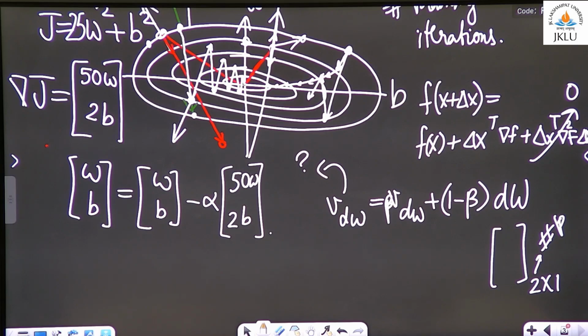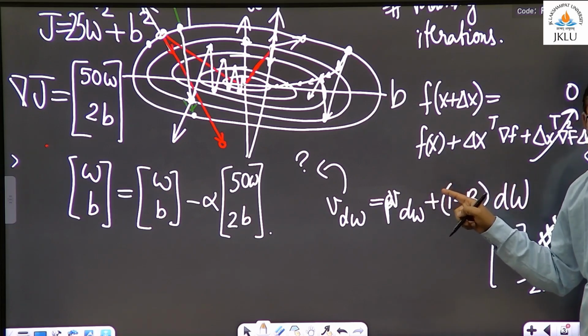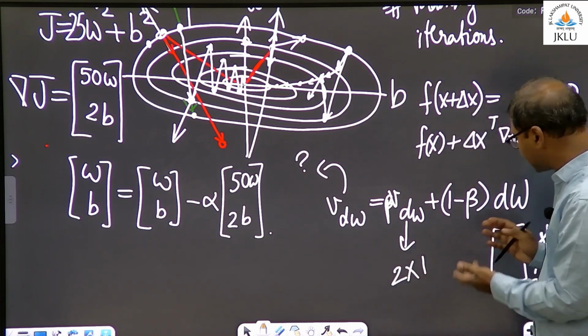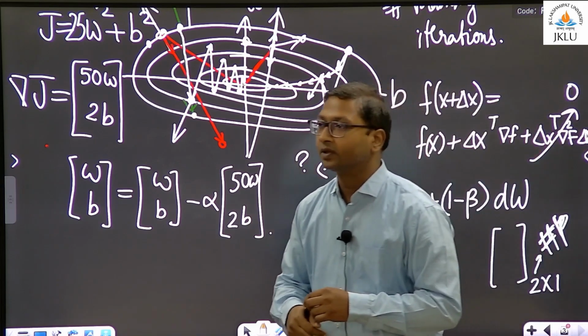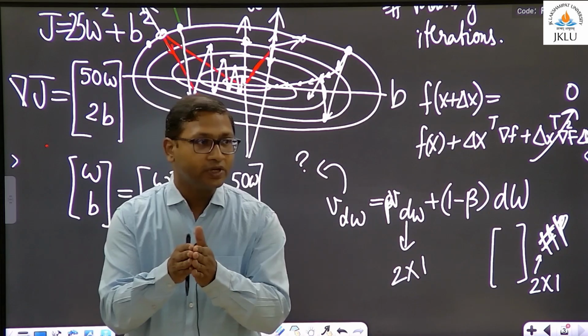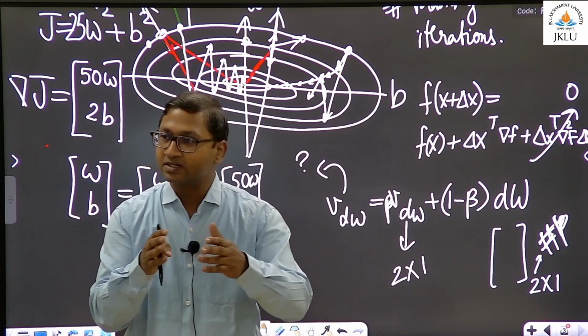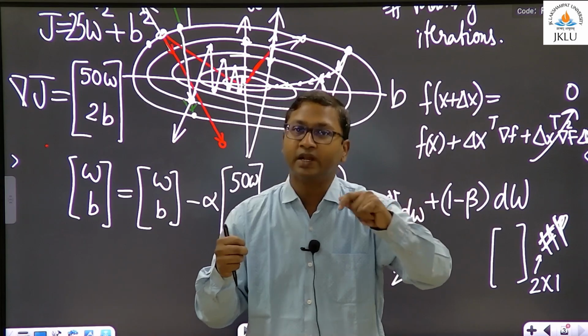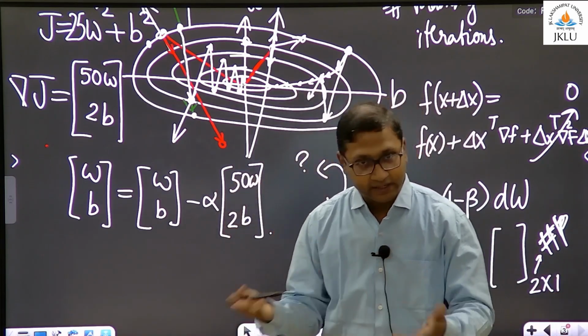What should VdW be? 2 cross 1. Why? It must be a vector because this summation has to make sense. VdW is in some sense the vector sum of all the gradients until now, so it will have the same dimensions as the gradients, 2 cross 1.